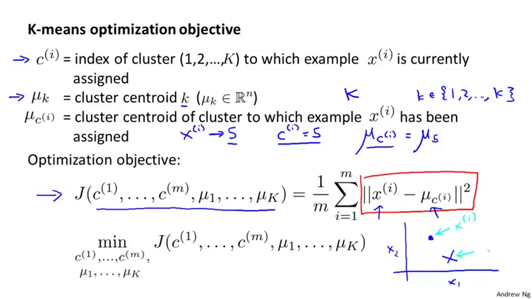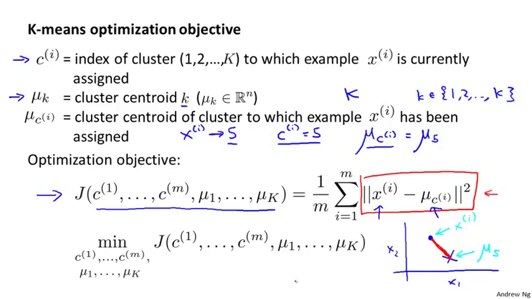So if that's the location of mu_5, let's say, if x^(i) has been assigned to cluster centroid 5, as in my example up there, then this squared distance is the square of the distance between the point x^(i) and this cluster centroid to which x^(i) has been assigned.